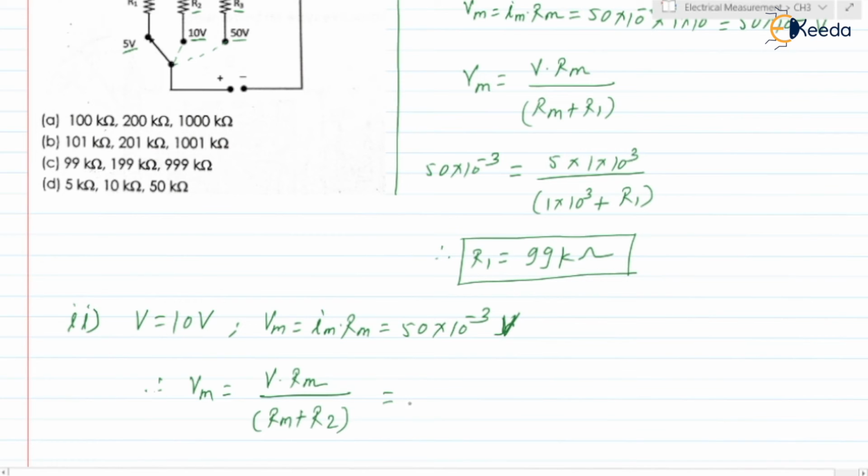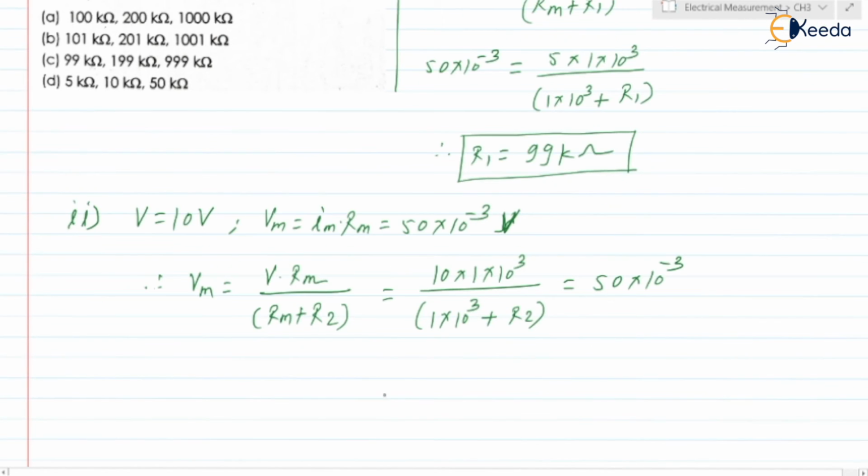So 10 into 1 into 10 to the power 3 divided by 1 into 10 to the power 3 plus R2 is equal to 50 into 10 to the power minus 3, that is Vm. Now from this can we find R2?